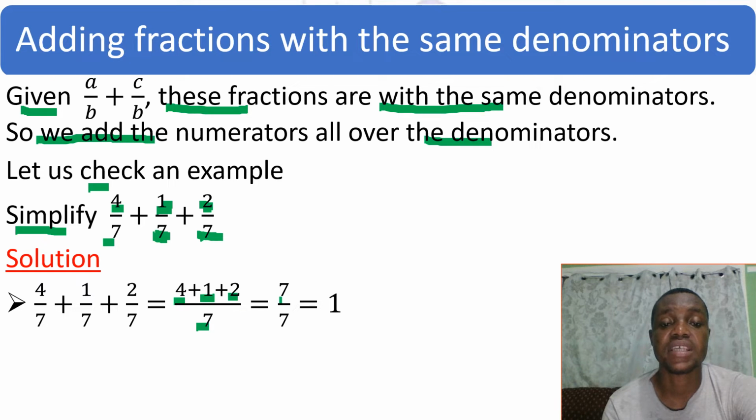So we get 7 over 7, which will give us 1 whole. I hope we are getting something. So when we are given fractions with the same denominators, we add the numerators over that common denominator. So let's move on.